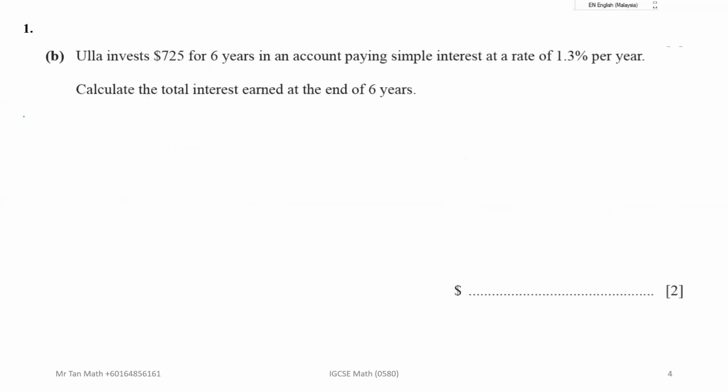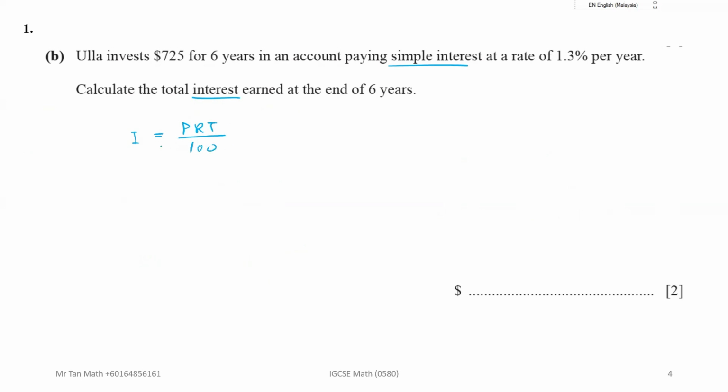B. Ula invests 725 for 6 years in an account, paying simple interest at a rate of 1.3% per year. Calculate the total interest earned at the end of 6 years. So the question asks for interest, and it's simple interest. So for simple interest, that equals PRT over 100.